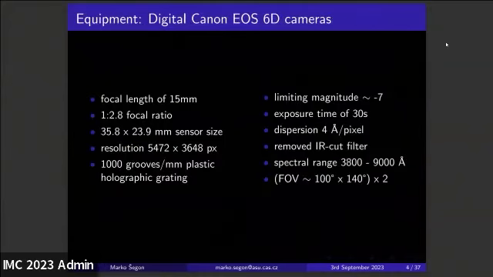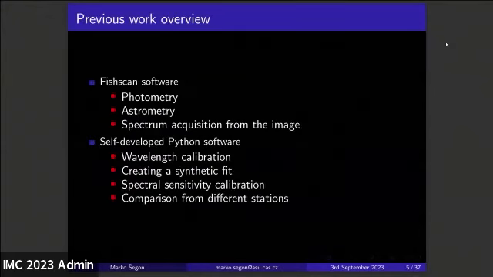Each of those systems is equipped with 2 digital Canon EOS 6D cameras with 1000 groove per millimeter plastic holographic gratings. They have their infrared cut filter removed, extending the spectral range to about 3,800 to 9,000 angstroms. You can find all of this data and much more in the paper published in the proceedings of the IMC 2018, so I will not discuss more about it.